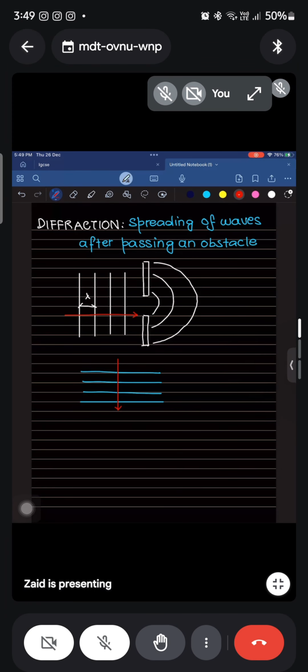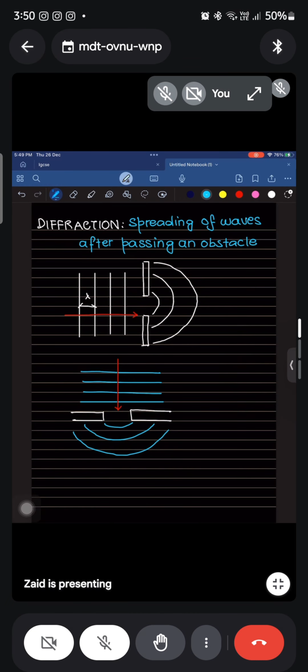Okay, so now as the waves are entering here, and there's a barrier, when the waves come, they are going to bend. Okay, so this is the diffraction of wave.